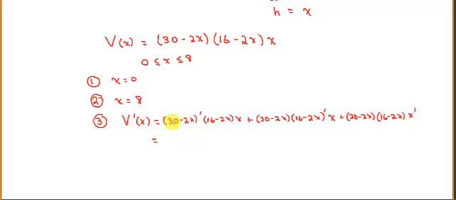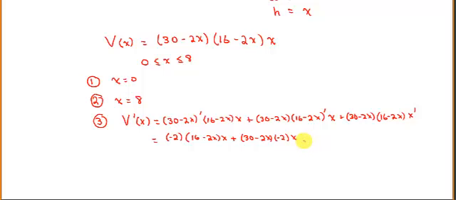So in this first quantity, we'll have the derivative of 30 minus 2x is negative 2 times 16 minus 2x times x, plus 30 minus 2x times the derivative of 16 minus 2x, again, is negative 2 times x.